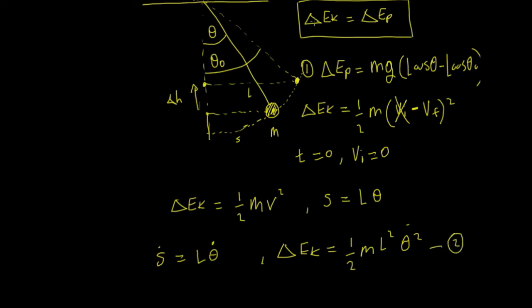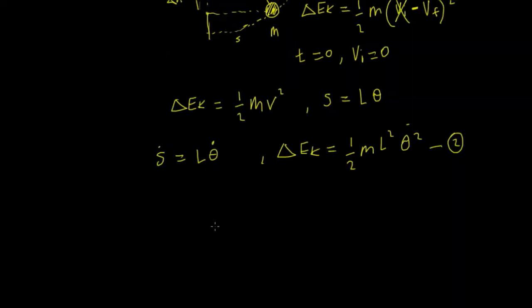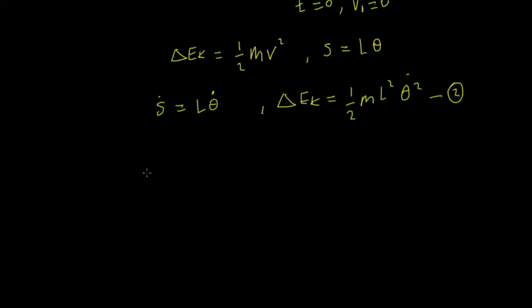So what we'll have to do is equate this kinetic energy and potential energy, which is the 1 and the 2. So we can then say that our kinetic energy, a half m L squared theta dot squared, is going to equal m times g.